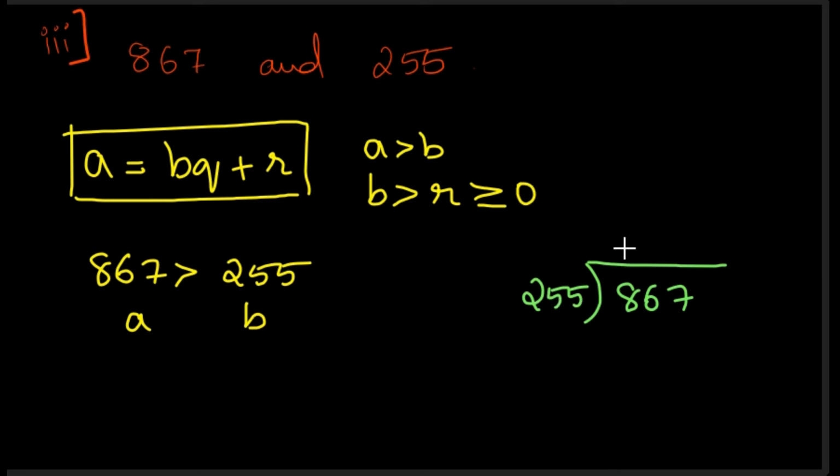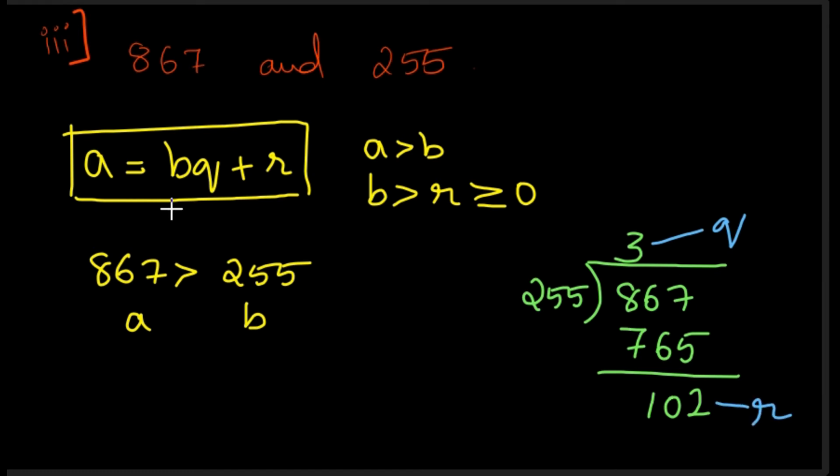So 255 3s are 765. 7 minus 5 will give you 2. 6 minus 6 will give you 0. 8 minus 7 will give you 1. So, this is our quotient, this is our remainder. Writing it in this form, we get A is 867 equals B is 255 multiplied by Q is 3 plus R is 102.